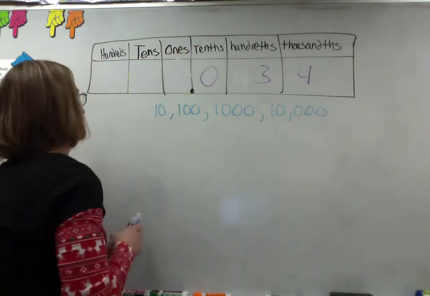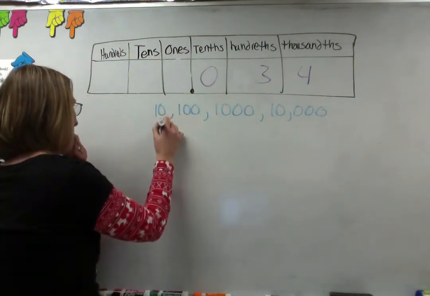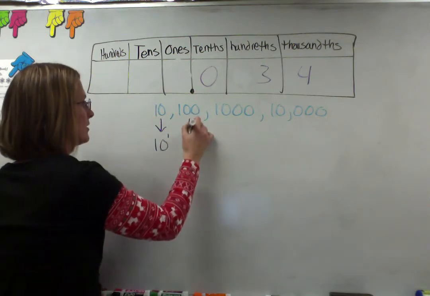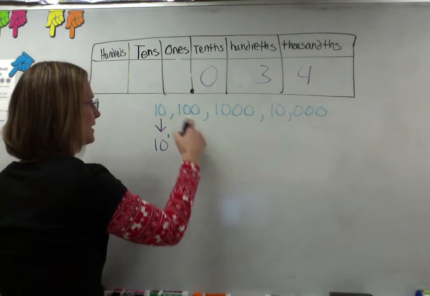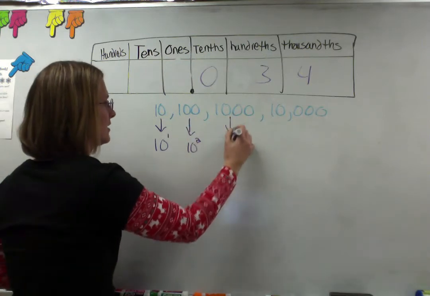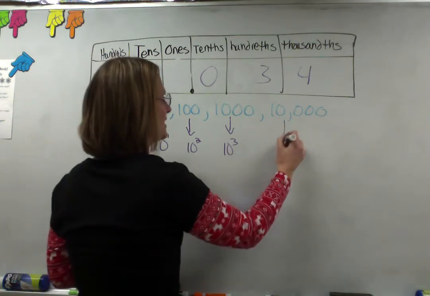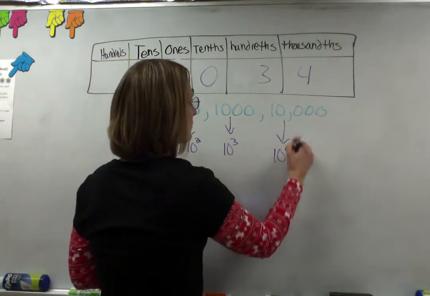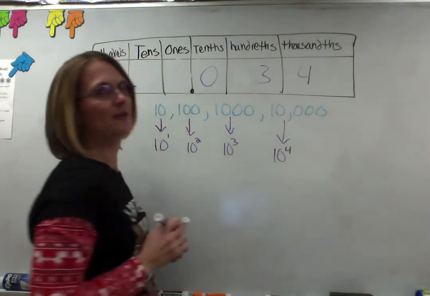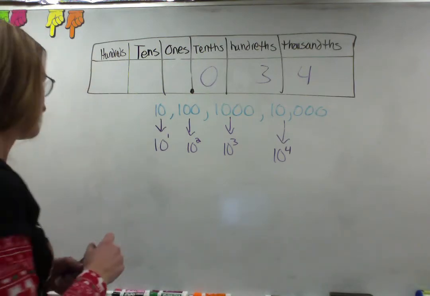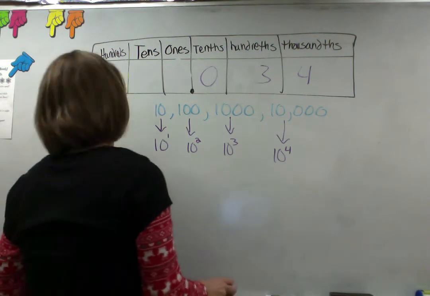So remember, 10 is 10 to the first, a 1 with 1 zero. 100 is 10 to the second, a 1 with 2 zeros. 1,000 is 10 to the third, a 1 with 3 zeros. And 10,000 is 10 to the fourth, a 1 with 1, 2, 3, 4 zeros after it. Okay? Those are our powers of 10. That's our shortcut for figuring those out from way, way back when.